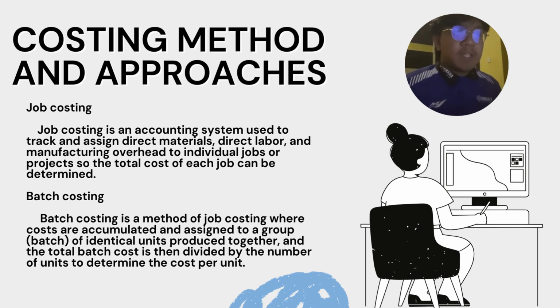Next, batch costing. What is batch costing? Batch costing is a method of job costing where costs are accumulated and assigned to a group of identical units produced together, and the total batch cost is then divided by the number of units to determine the cost per unit.